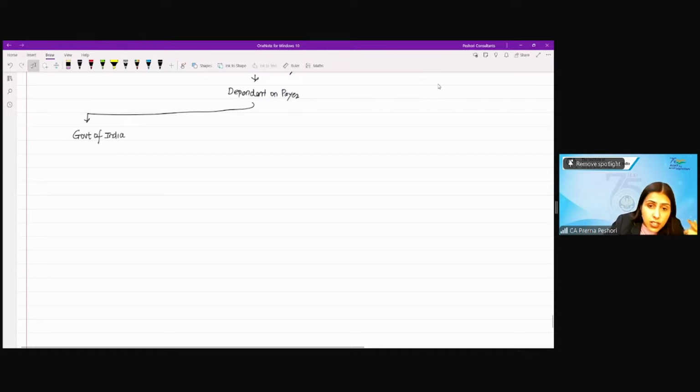If he is receiving the payment from government of India, the income in the nature of interest, royalties, FTS will be deemed to accrue or arise in India. Are we clear? Next is, payer is a resident of India. In that case also, the income will be deemed to accrue or arise in India. However, there is an exception.